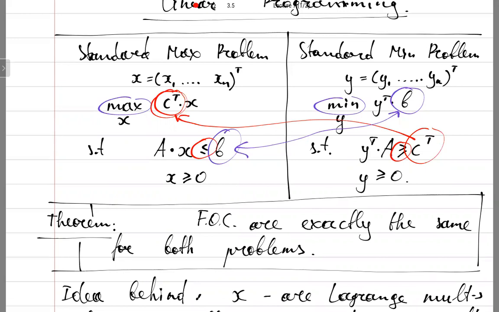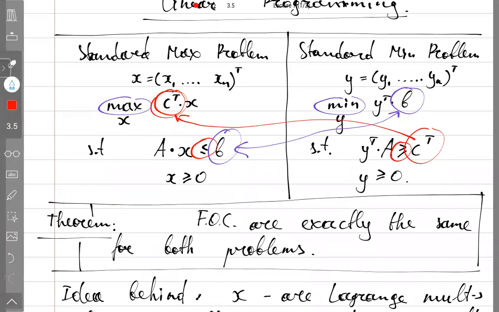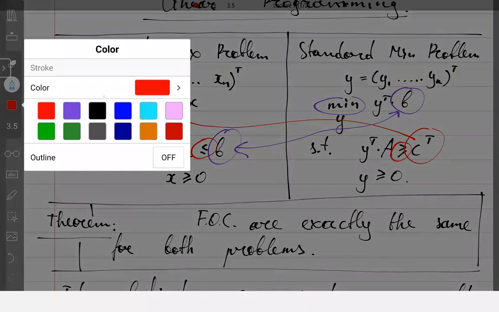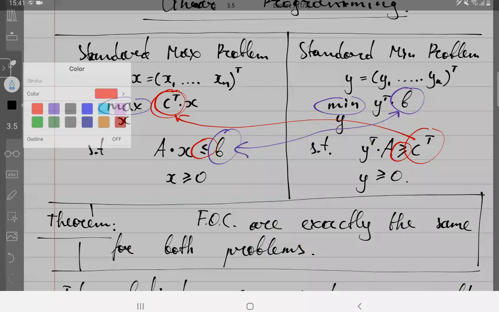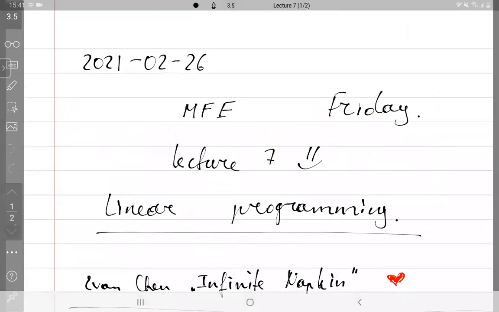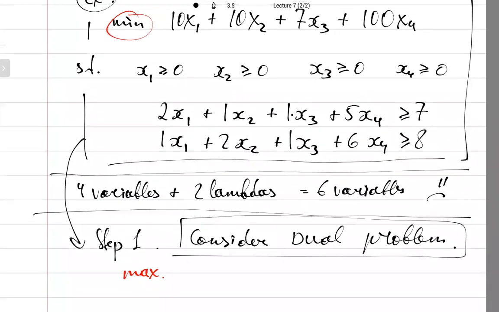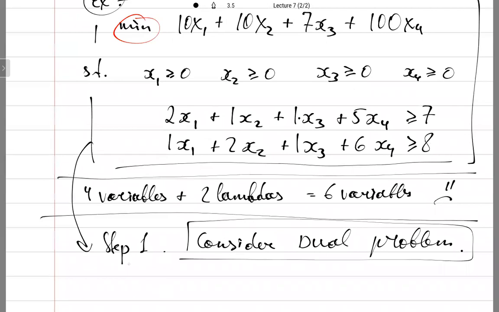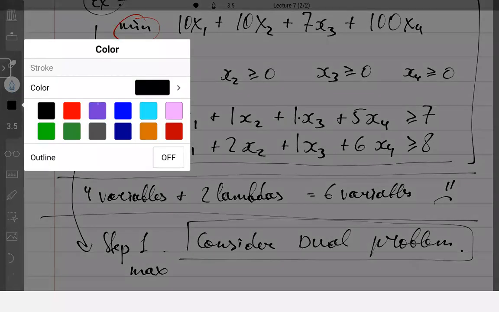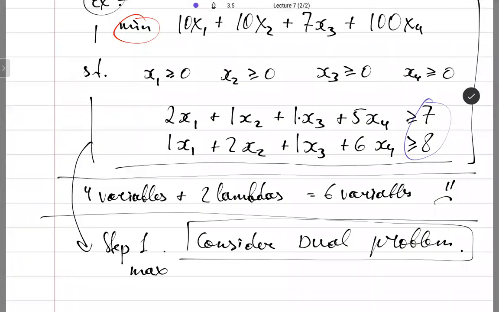Let me do that. I will consider maximization of, first I look at the right-hand side. The right-hand side is 7 and 8.